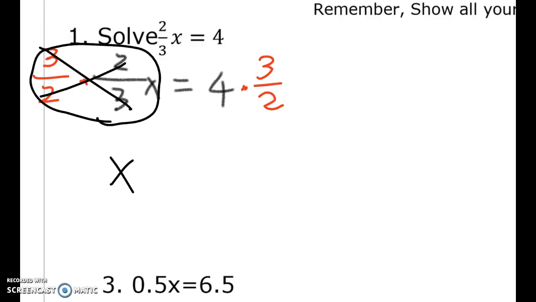So now the x will equal 4 times 3 halves. And 4, if we wanted to write it as a fraction, will be 4 over 1.